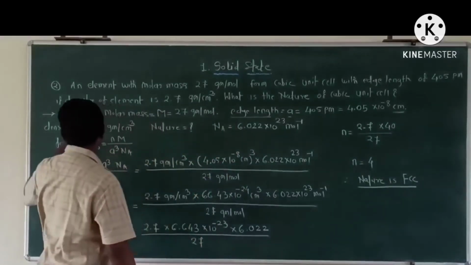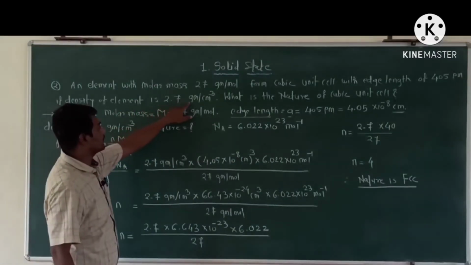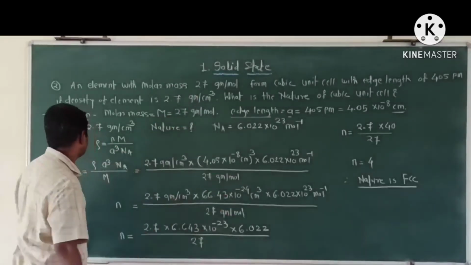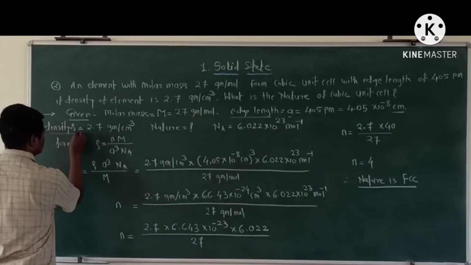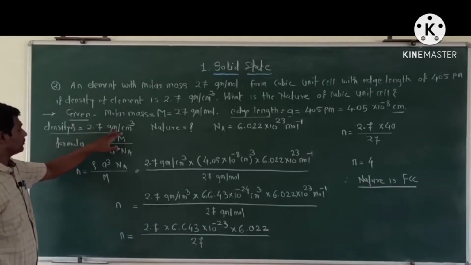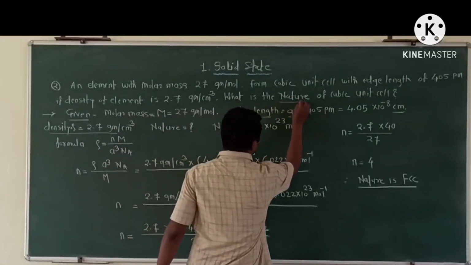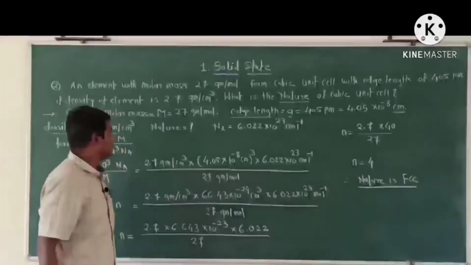Okay, now next, the density of the element is 2.7 gram per centimeter cube. What is the nature of the cubic unit cell?